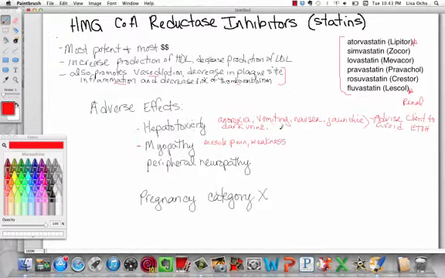And this can progress to something called rhabdomyolysis. That's when there's an overwhelming breakdown of the muscle tissue, which can actually lead to kidney failure. And that's very, very serious. The patient is at risk for complete kidney failure at that point.